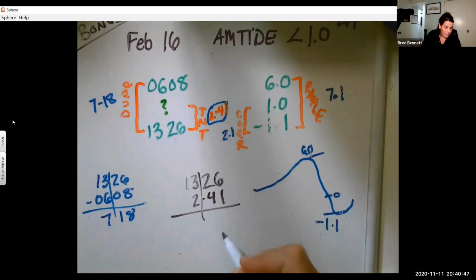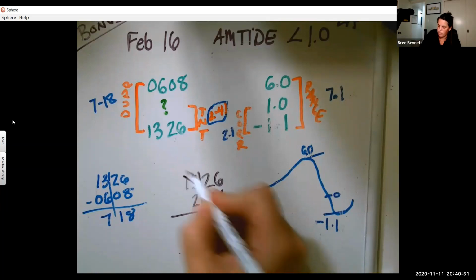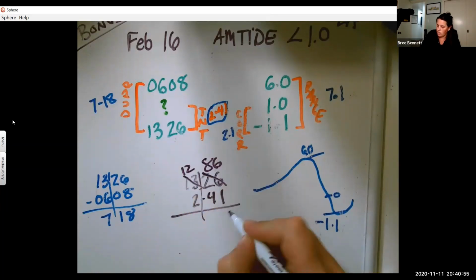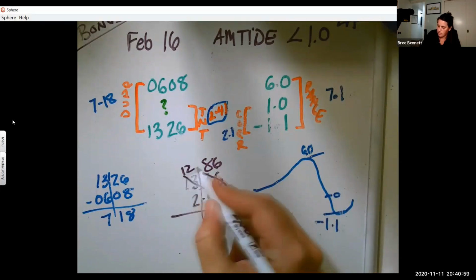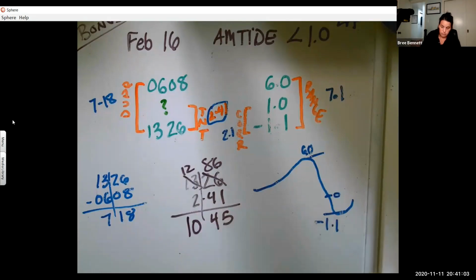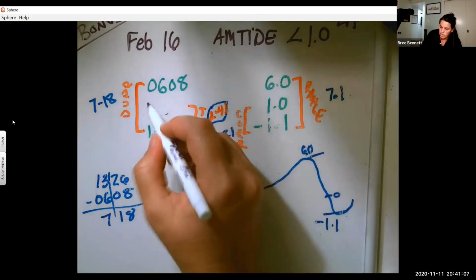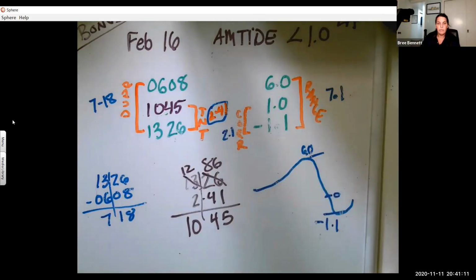In order to subtract, we can't subtract 41 from 26, so we borrow. 86 minus 41 gives us 45 and 10. So our time is going to be 10:45, that our tide will be 1 foot.